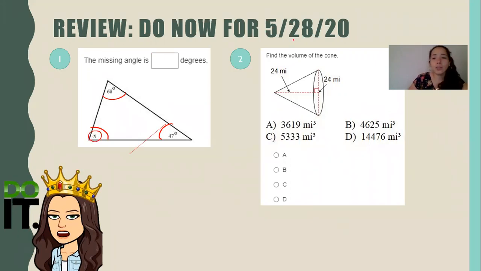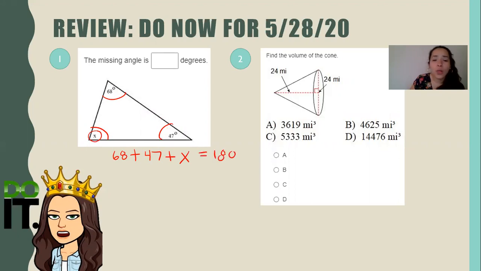Do you guys remember how to do that? As he stated, all three angles must add up to 180. So one of our angles is 68 degrees. The other angle is 47. And then we have one that we don't know what it is.